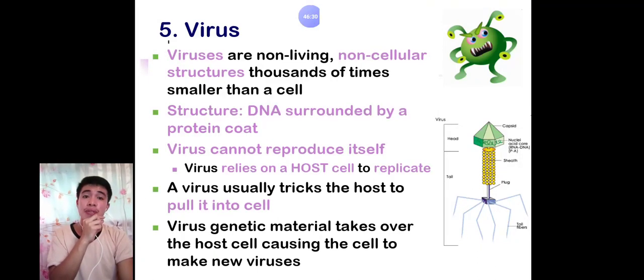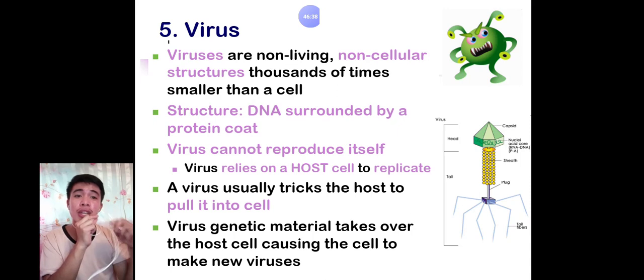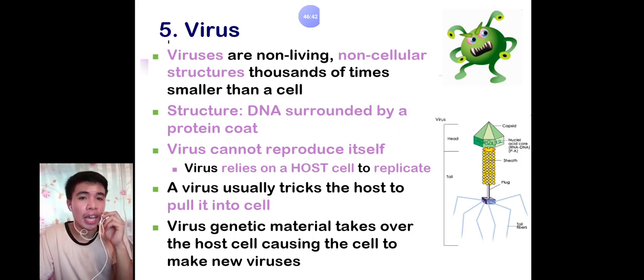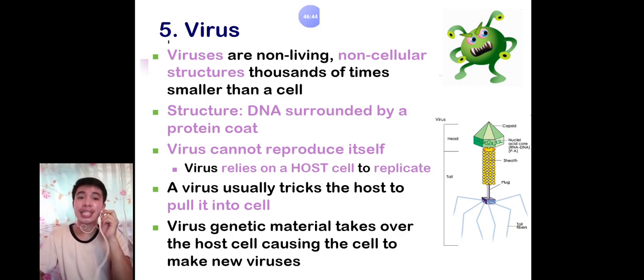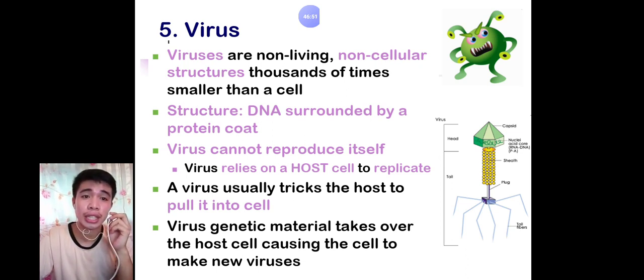Next is the virus. Viruses are non-living, non-cellular structures thousands of times smaller than a cell. Imagine how small a cell is; a virus is even smaller. The structure of a virus is DNA surrounded by a protein coat. Viruses cannot reproduce by themselves; a virus relies on a host cell to replicate.